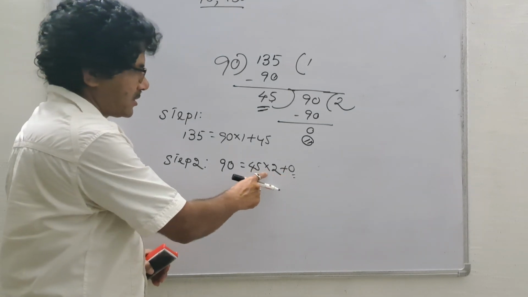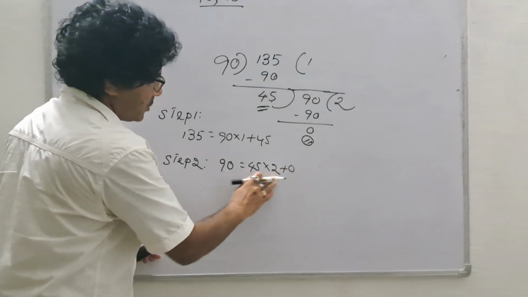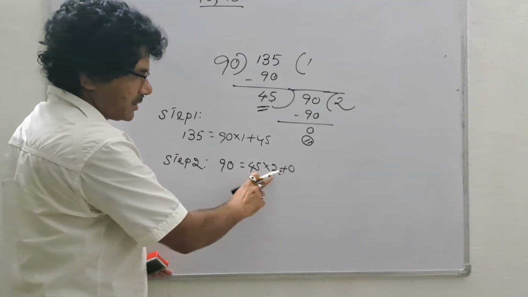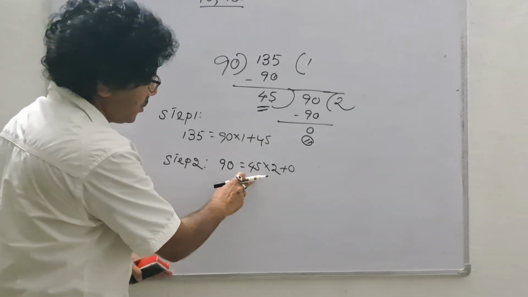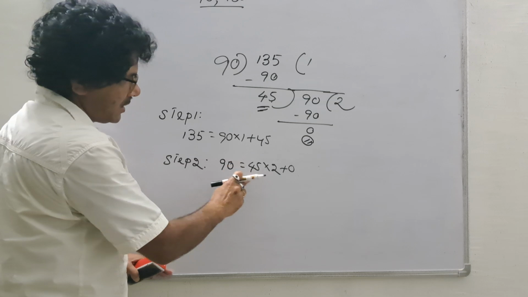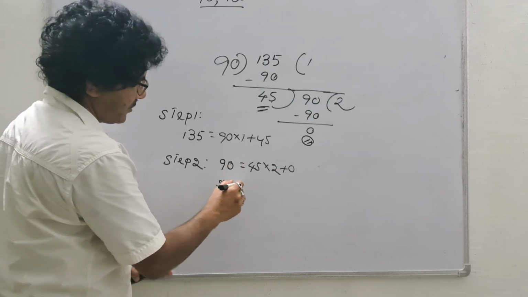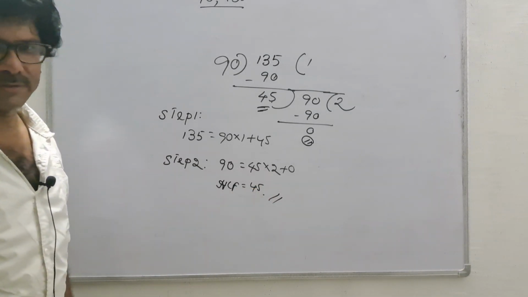So the divisor when the remainder is 0 is the HCF. So 45 is the HCF. This is our answer.